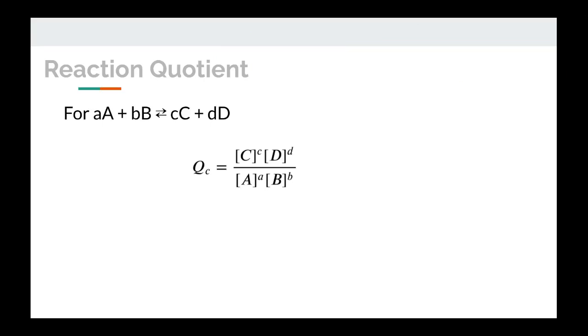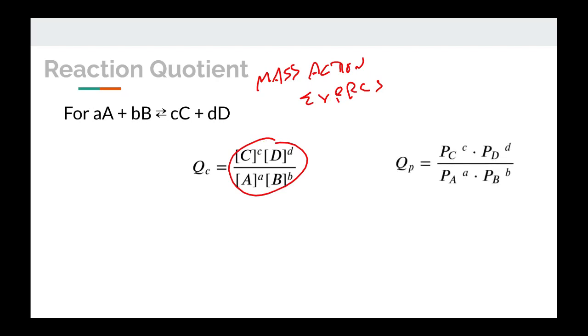There's a quantity called the reaction quotient. Sometimes it goes by another name. It's also called the mass action expression. And it has the same formulation as K. So in concentration terms, it looks just like Kc, and in pressure terms, it looks just like Kp.